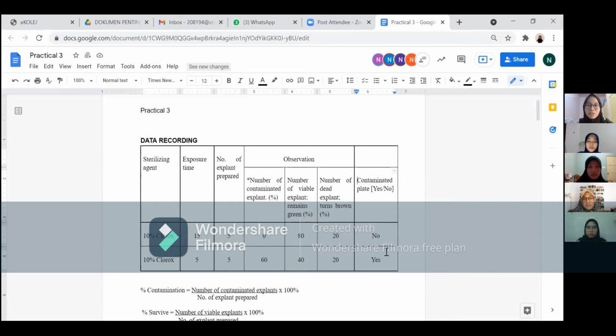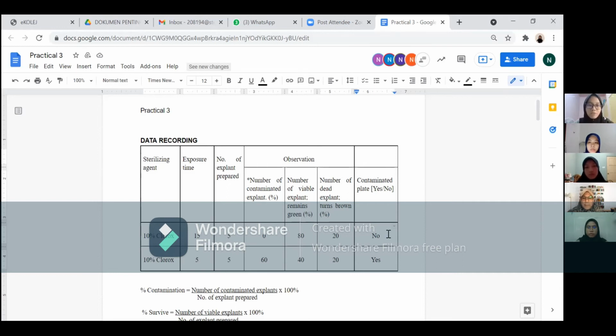For the 15-minute exposure time, the number of contaminated Splen is 0%, while the number of viable Splen remaining green is 80%, and the number of dead Splen turning brown is 20%. So I assume that this plate is not contaminated.